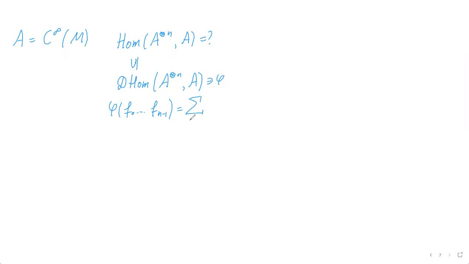It should be given by the sum over multi-indices. We begin with phi I1 through I(n minus 1) of p, and then we take d I1 of f1 and so on until we come to d I(n minus 1) of f(n minus 1).